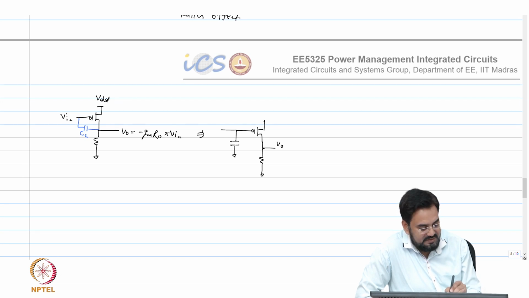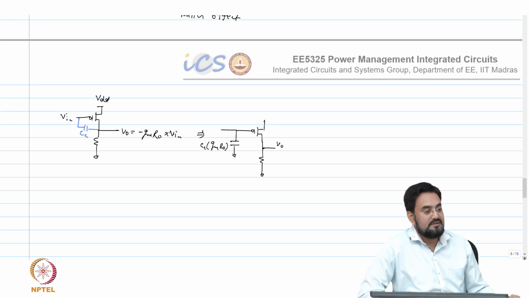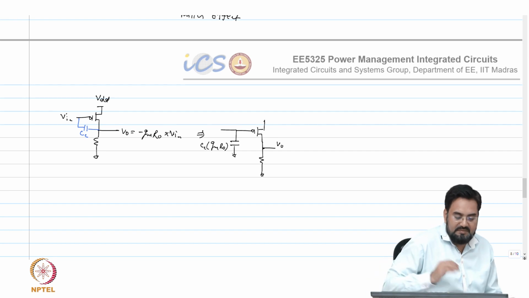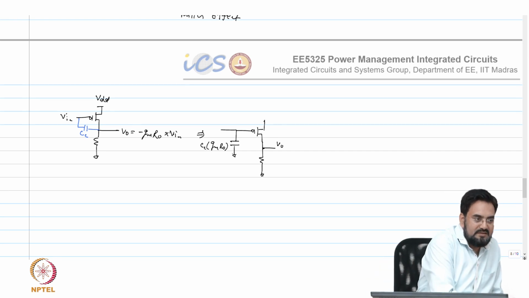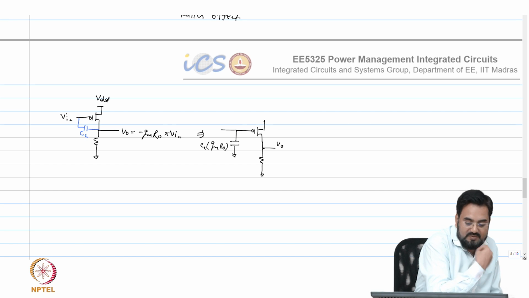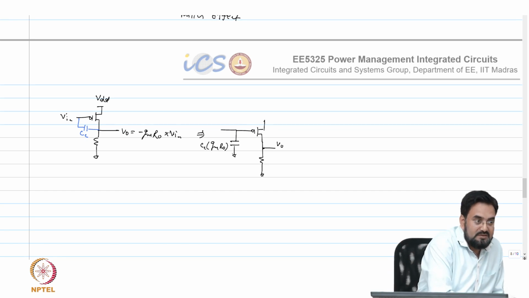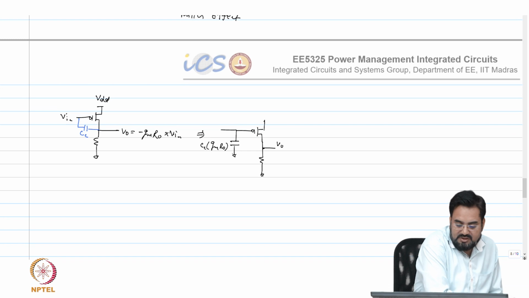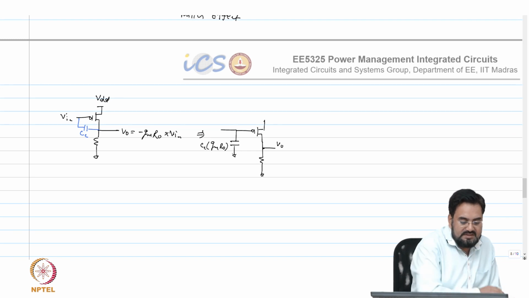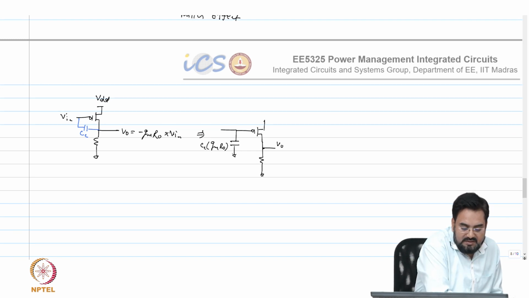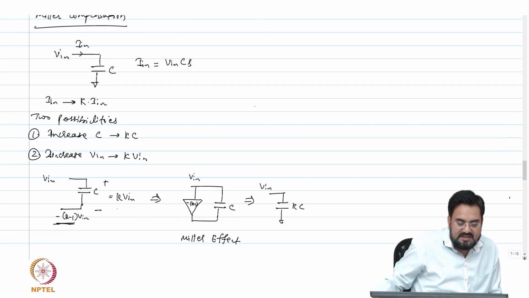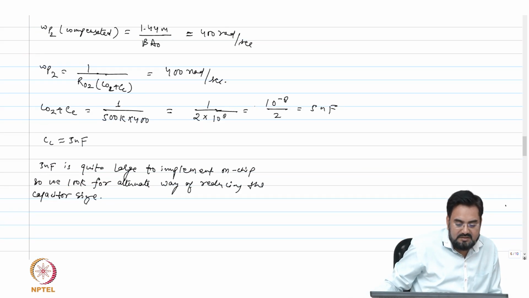So what is this cap value now? This cap value should be 5 nano, GM R out multiplied by CC. Okay, and if GM R out is, let's say, 20, 10 or so, usually you have more than 50 or so. So now assume this guy is, how much was the gain we got last time? 300.